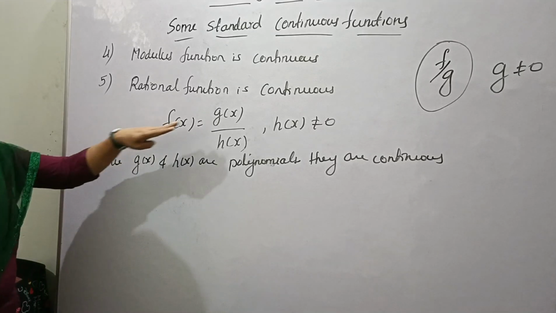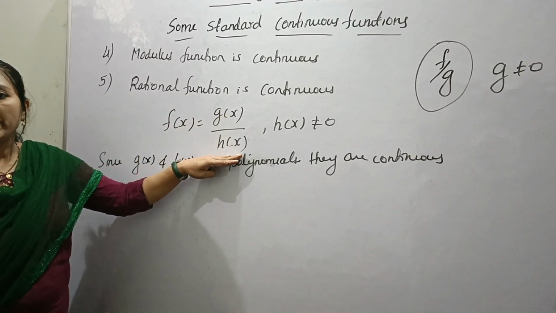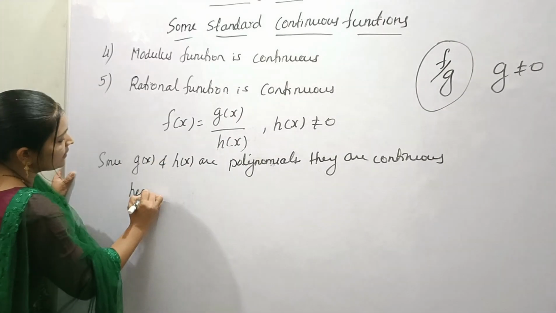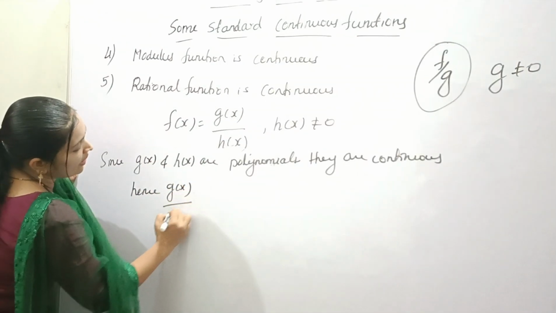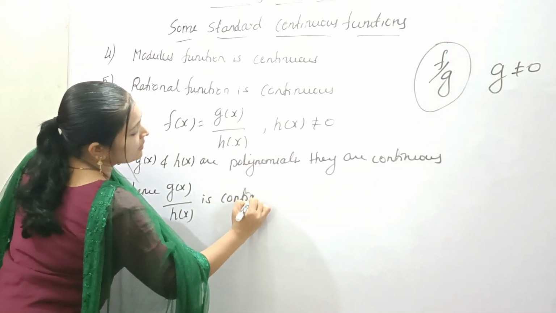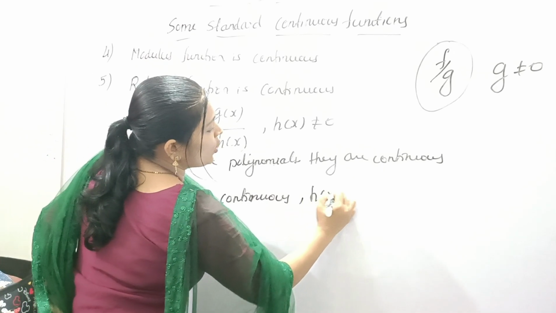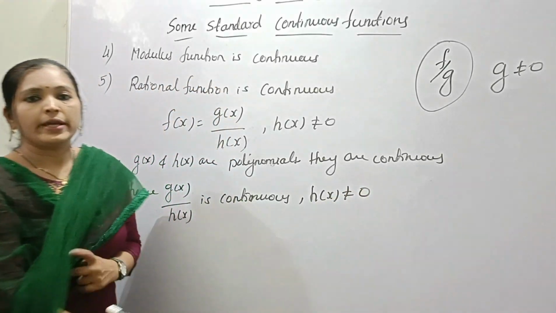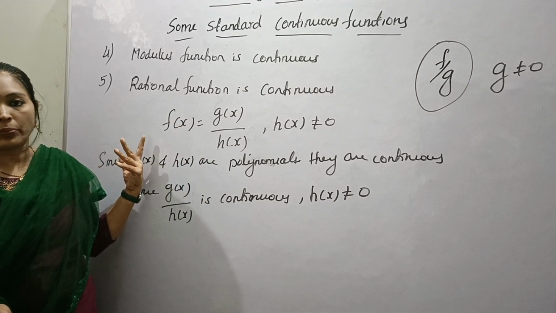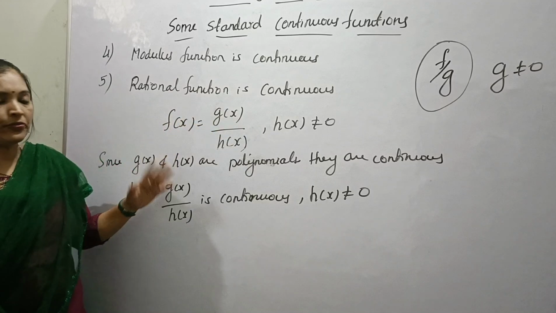So here g of x and h of x are continuous, then g of x divided by h of x is continuous. Here h of x is not equal to 0. If h of x is equal to 0, the denominator will be 0, so the function will not be defined.